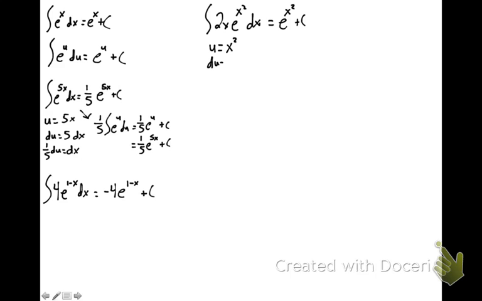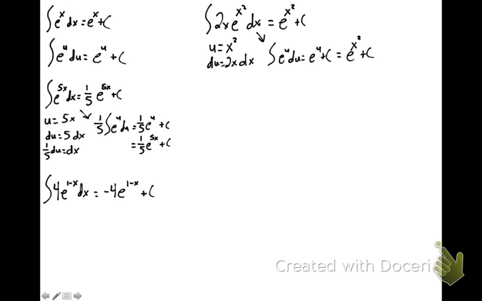So du equals 2x dx. So by u substitution, we're integrating e to the u du, which is just e to the u plus c, but u had the value of x squared. So that's why our answer is e to the x squared plus c.